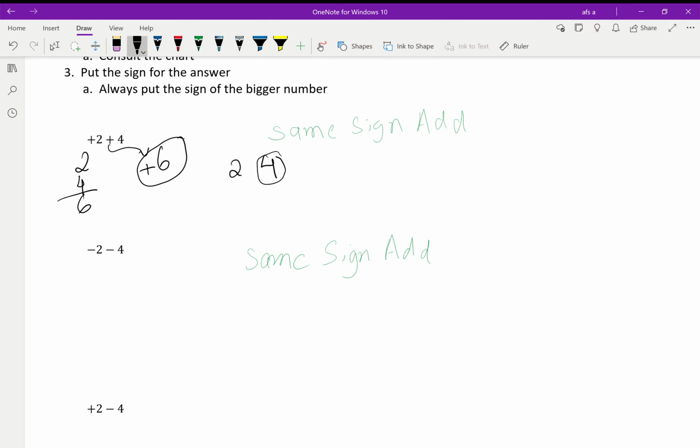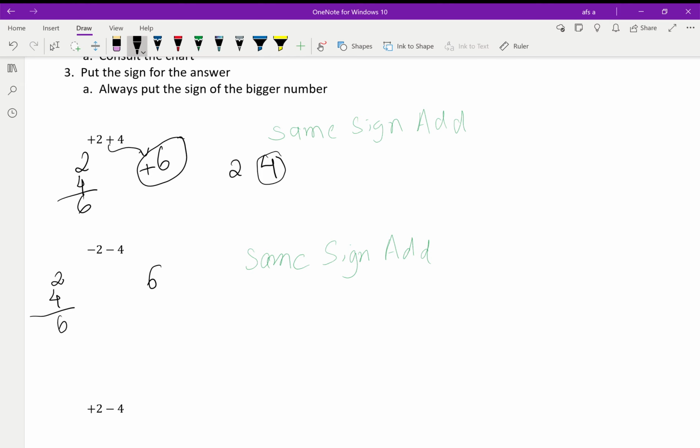If that's not the case, I would recommend getting it down to that case so you can work it out this way. Your numbers both have the same sign, so based on our chart, you're going to add them. Based on the absolute values, you get them added and get 6.